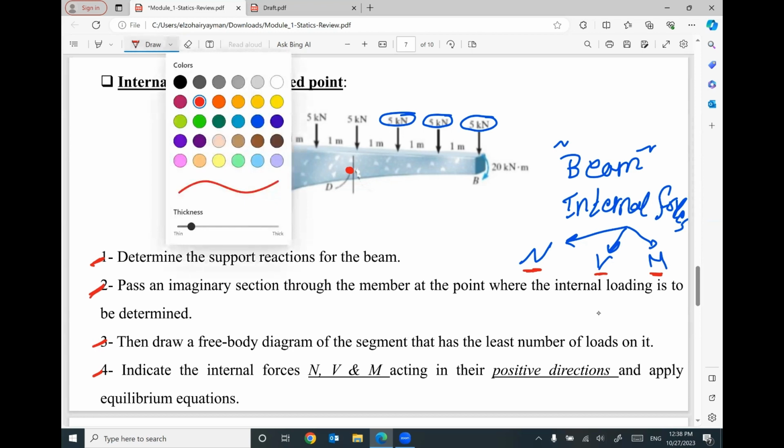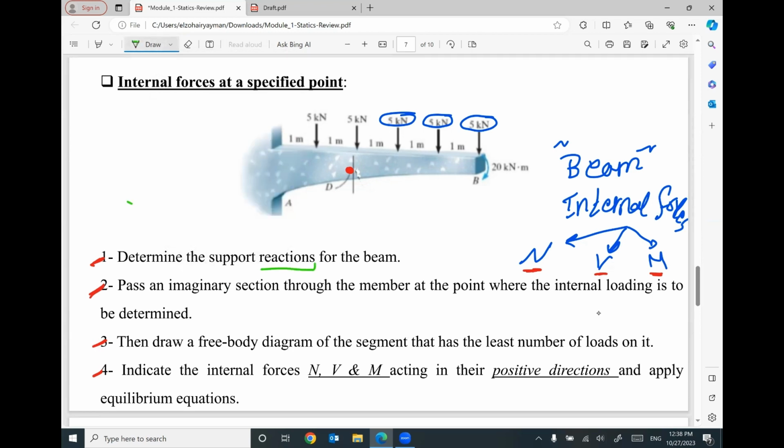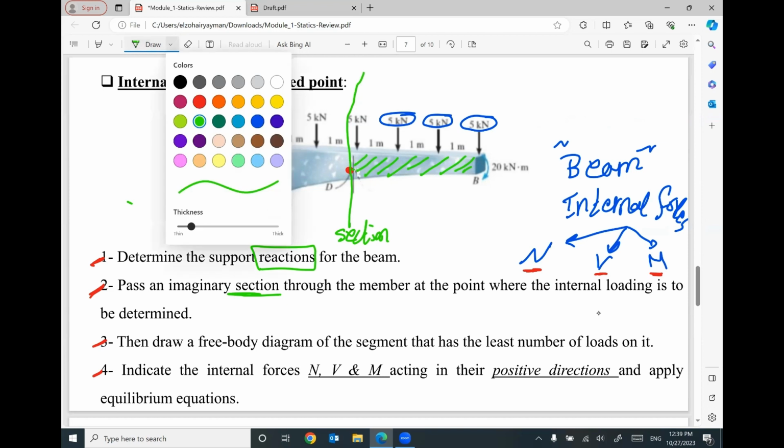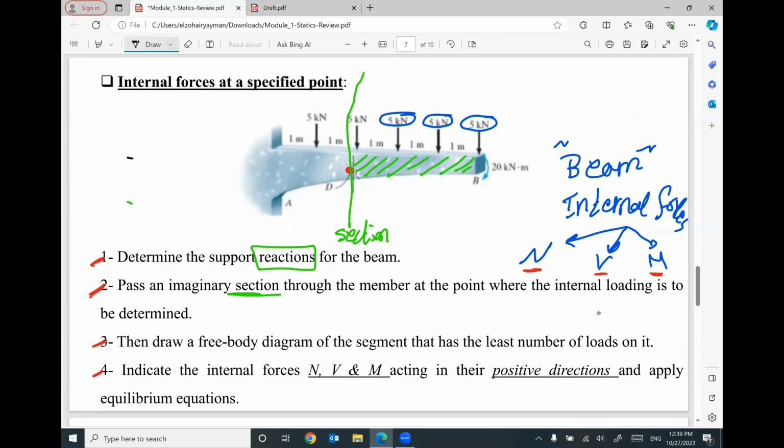The first step, I will calculate the reactions. Second step, I will do a section. At this specific point, I will cut a section. This section will divide your beam into 2 parts, one on the right hand side and one on the left hand side.